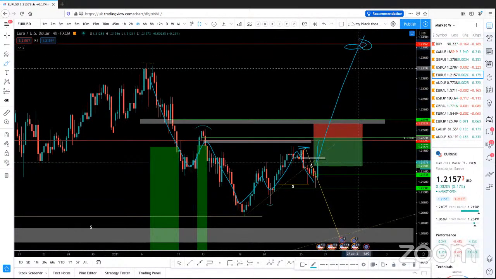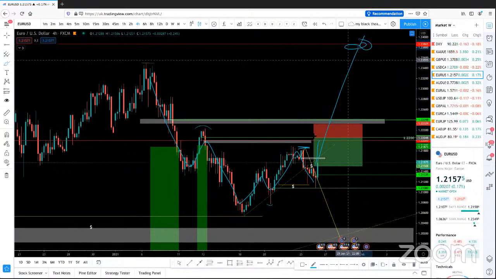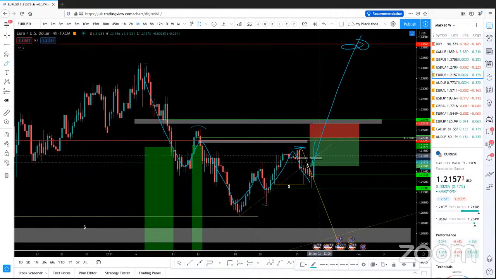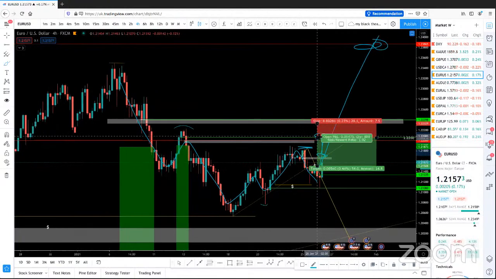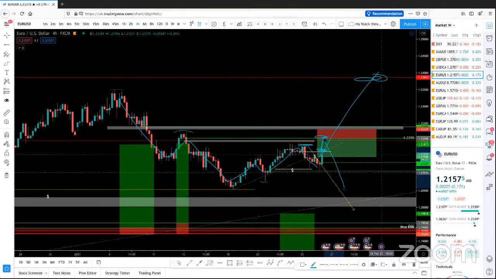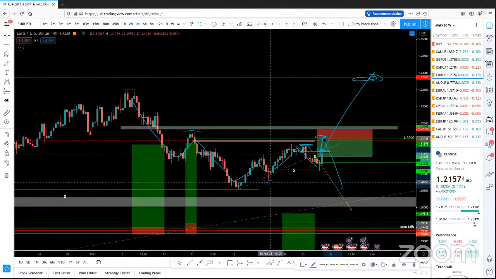This is the number one scenario. The second scenario, Euro USD could come and give a reaction here or here. There are two points of interest, guys. Because this is based on the dollar index, then we could anticipate a sell from here. So I don't want Euro USD to violate this.